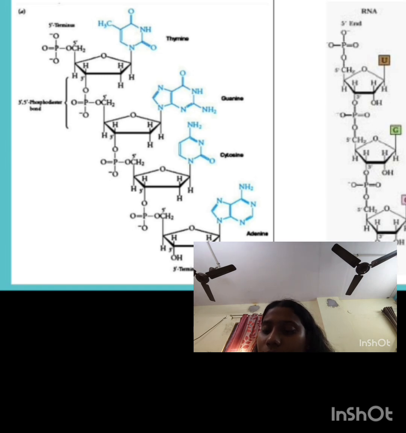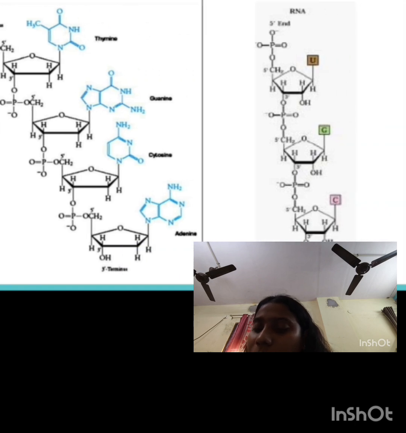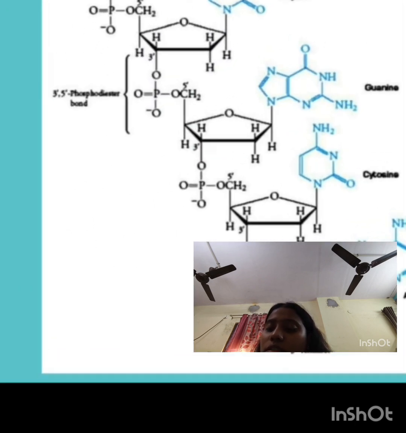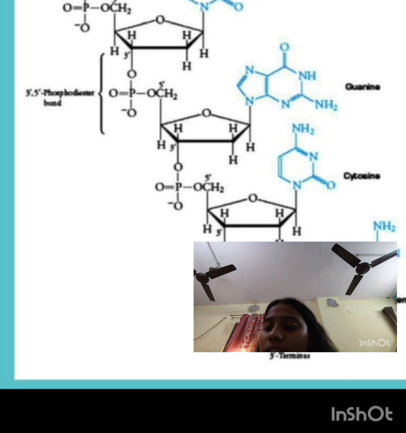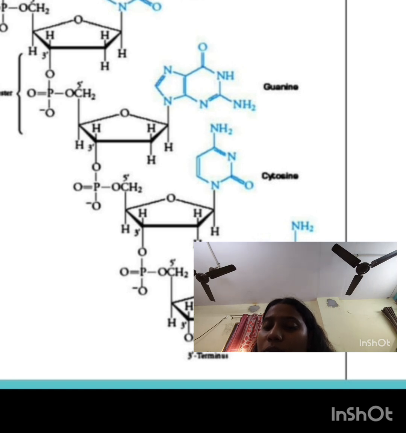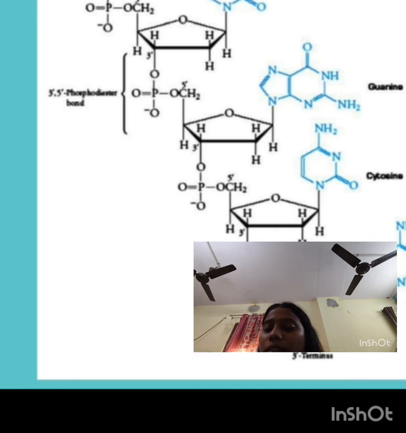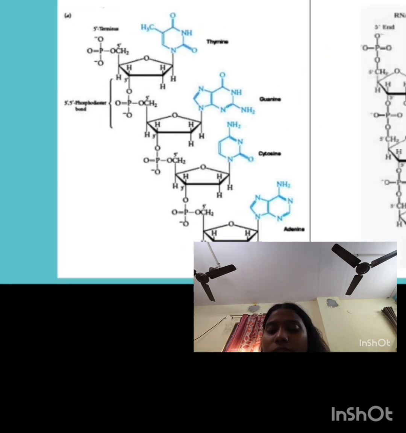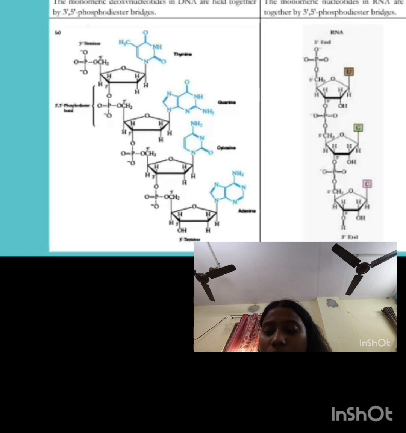As we see in the structure, the 5' sugar is linked with the phosphate group, and the 1' sugar carbon is attached to the nitrogenous bases. Always remember, the polynucleotide starts with 5' and ends with 3'. Always. Thank you everyone.